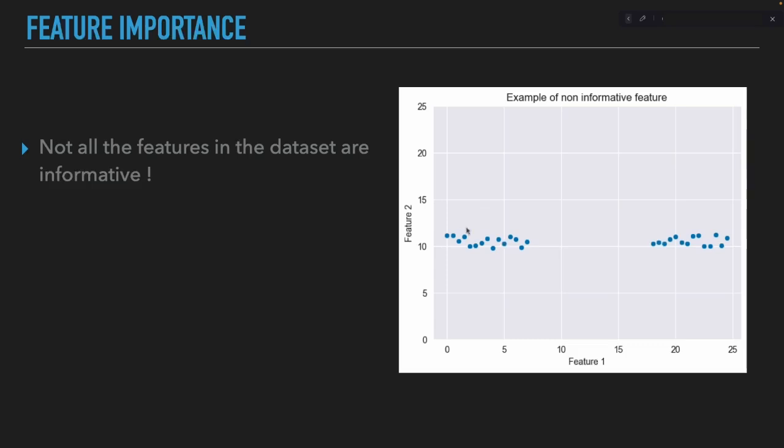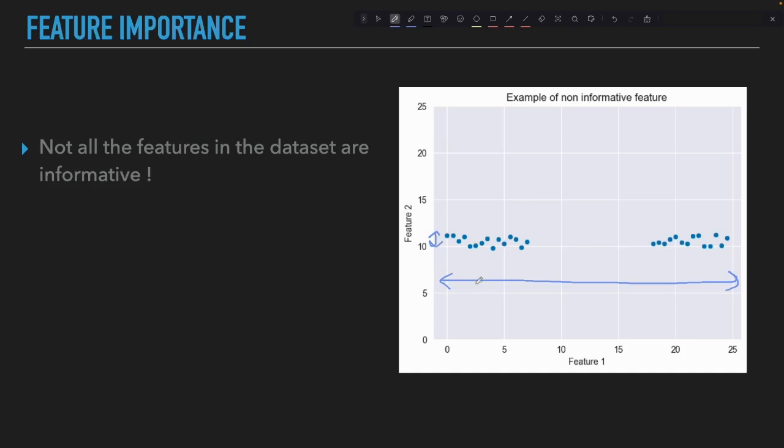Let's take a look at this dataset right here. As you can see, there clearly are two groups, and we could cluster this dataset without a problem. This dataset is described by using two features, feature 1 and feature 2. It is a bit specific because variation coming from feature 1 is much higher than variation coming from feature 2.